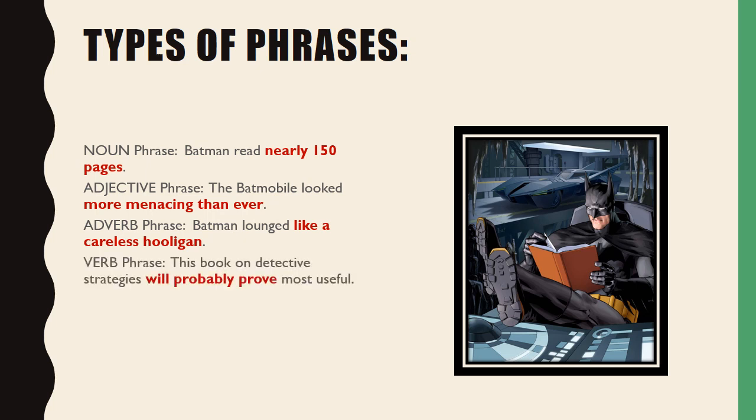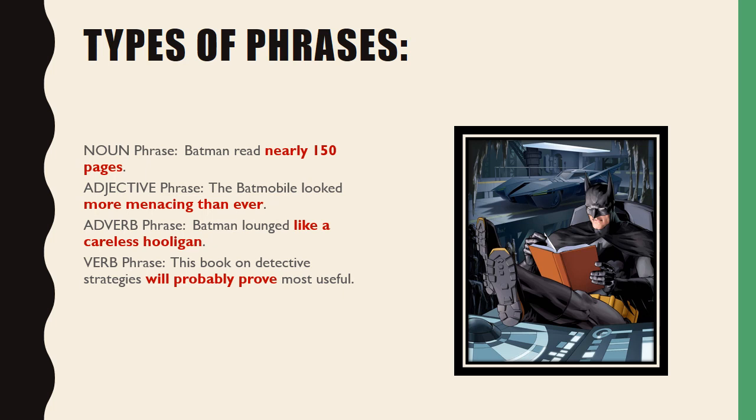Two more. So we've got a verb phrase. Remember, a verb is an action word. In this case, the sentence says, this book on detective strategies will probably prove most useful. And in this case, the phrase is "will probably prove", because it actually has 2 verbs in it, will and prove.